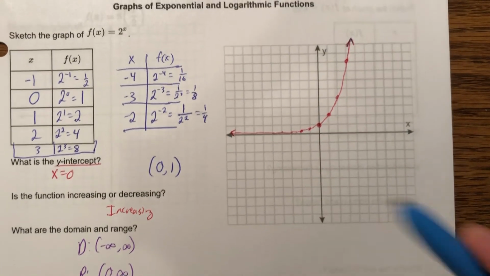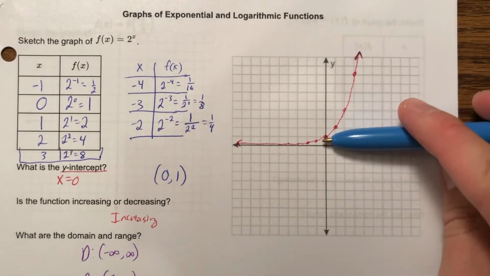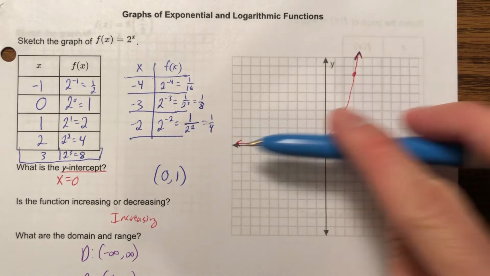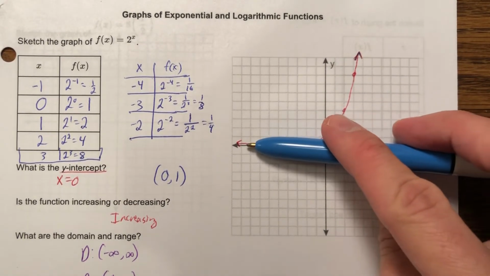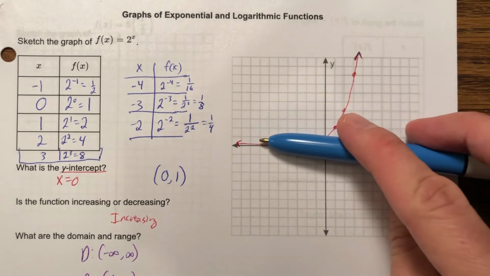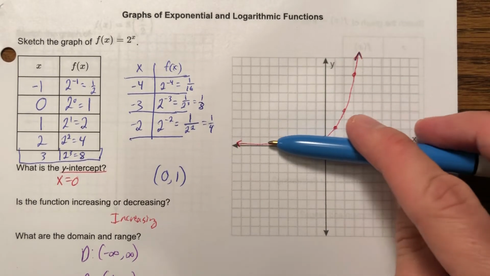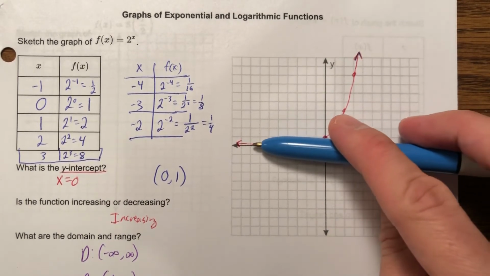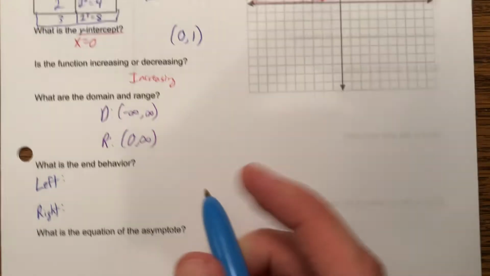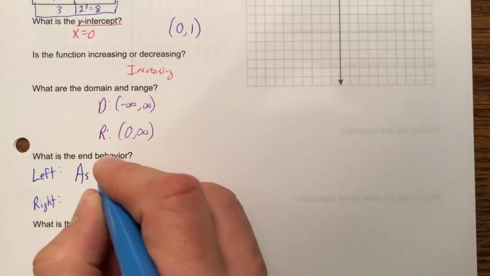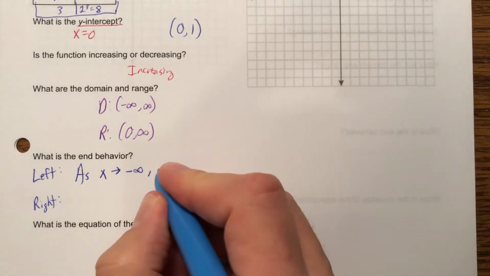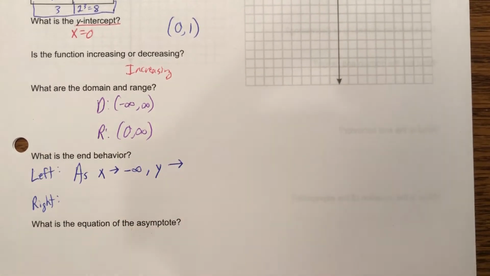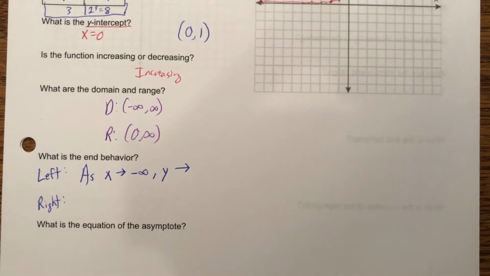So as I am going to the left, I'm approaching the left. Well, as I'm approaching the left, my x values are going towards what? Well, they just keep going down and getting more and more negative. So as x approaches negative infinity, y approaches, and it is totally okay to use the arrow for saying approaches.